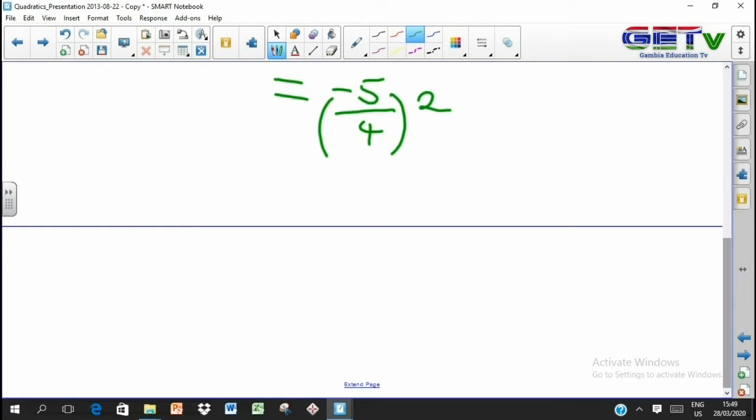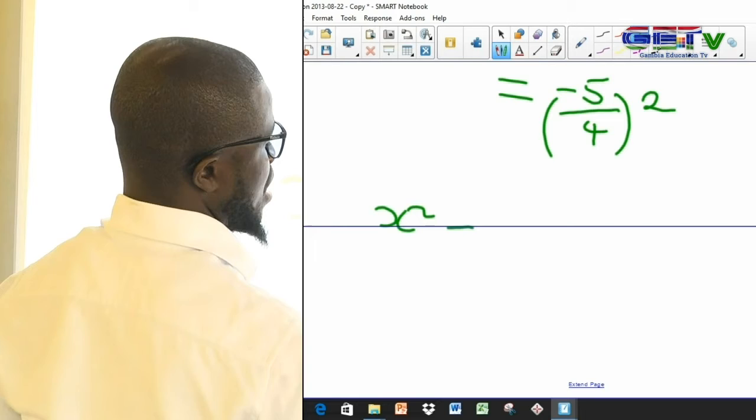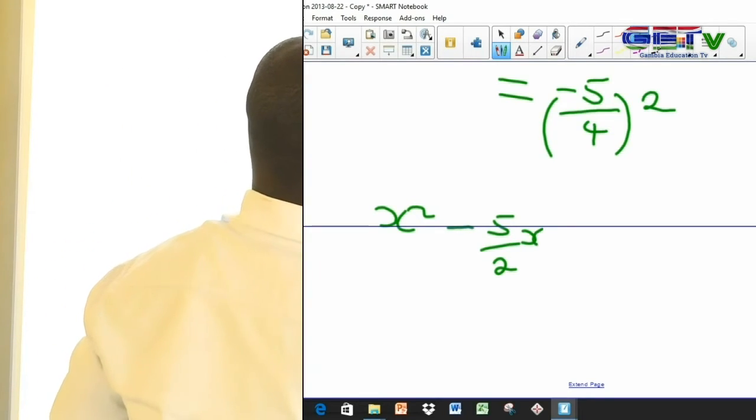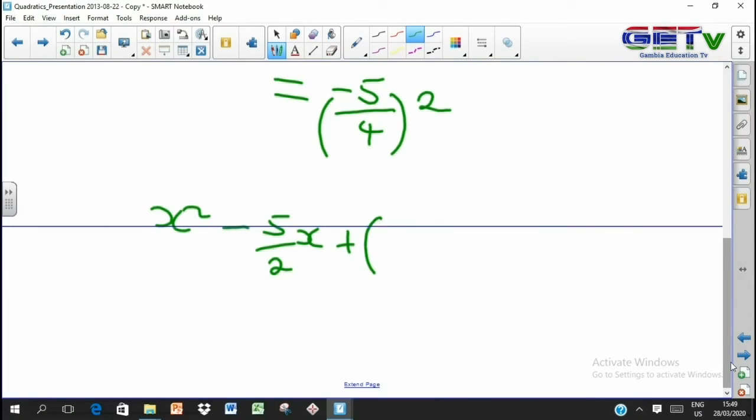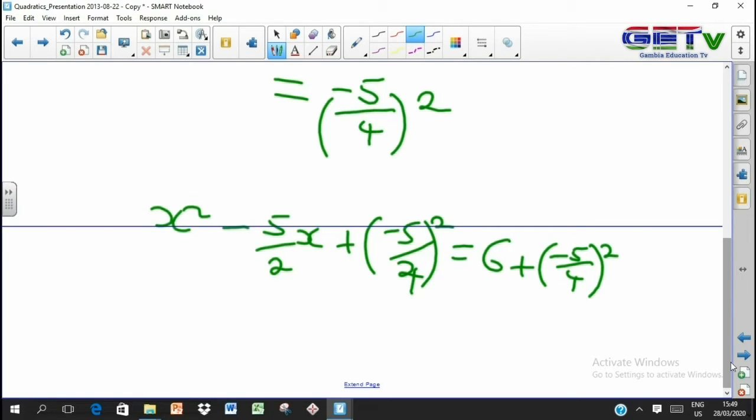So that will give x squared minus 5 over 2x, and I'm now adding the result, which is plus, in bracket, negative 5 all over 4, all squared, equals, on the right-hand side, remember we have 6, plus in bracket negative 5 over 4 all squared.